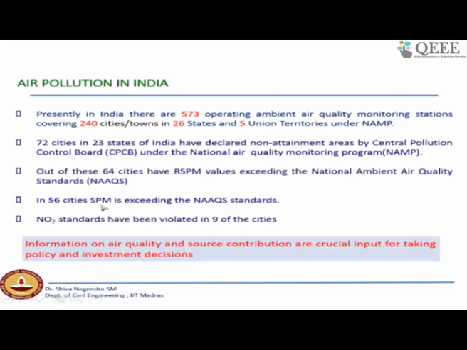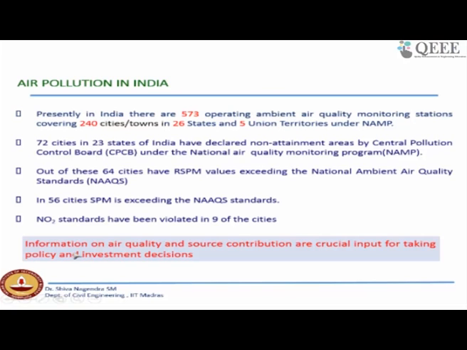It is still being used in industrial emissions measurement, industrial air quality measurement, but in urban areas we now have only two standards, PM10 and PM2.5. Okay. So respirable suspended particulate matter is equal to PM10, and PM2.5 is particulates of size range less than 2.5 micron. In some places even NO2 concentrations showed violation. In about 9 cities the NO2 concentrations are violating.